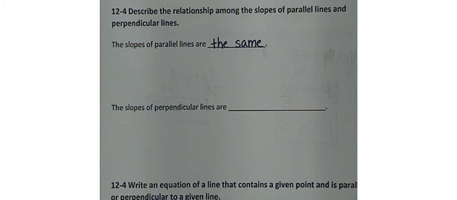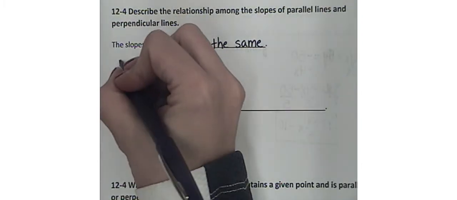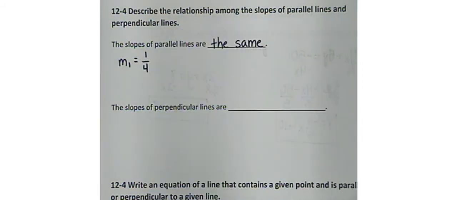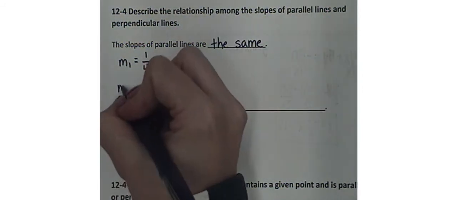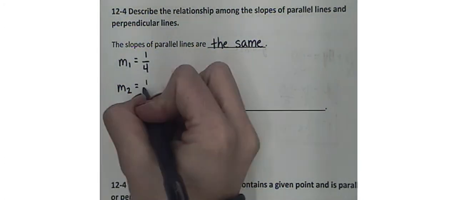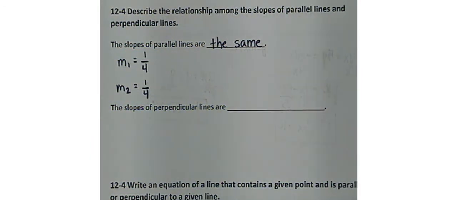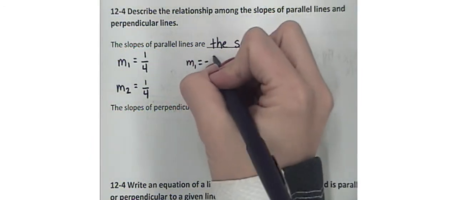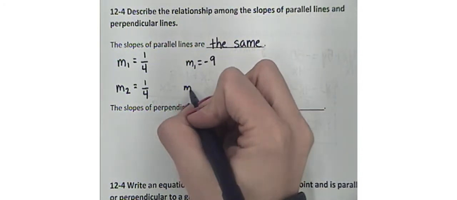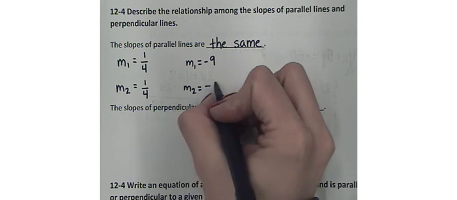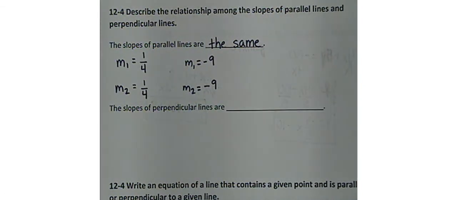So if I have a slope of 1/4, can you give me the slope parallel to that? It's also going to be 1/4. Good. If I have a slope of -9, what's the slope parallel to that? Also -9. Perfect.